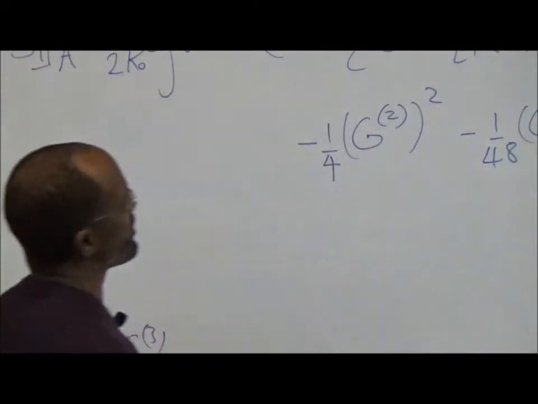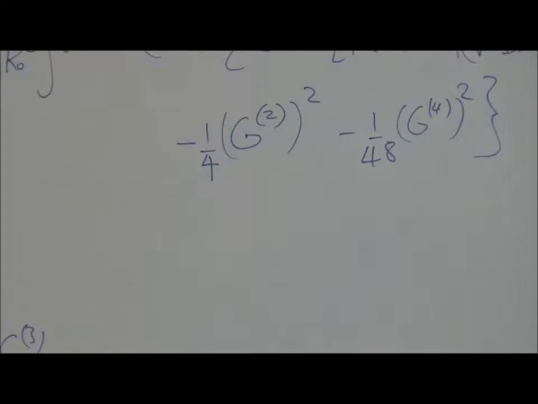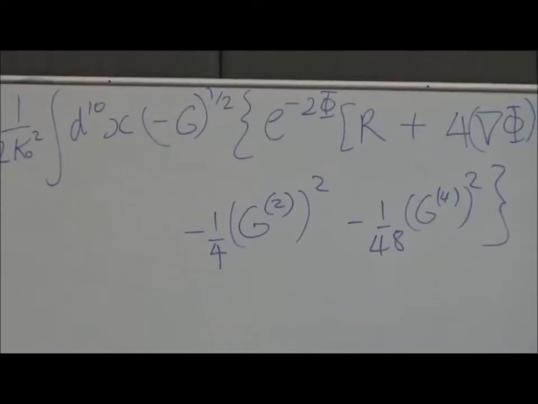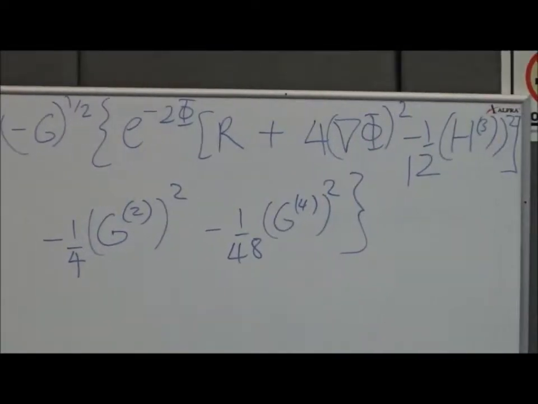One of the things to notice here is that there's no power of e to the minus 2 phi, or e to the minus anything phi, in front of them. That's also telling us something about how we get these terms in this effective string story.